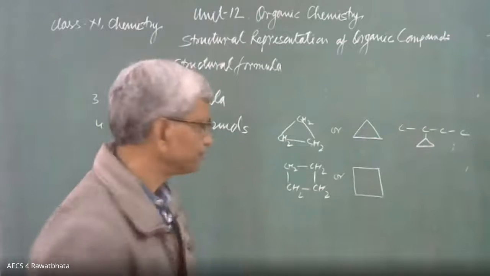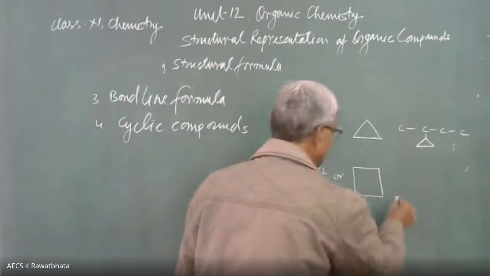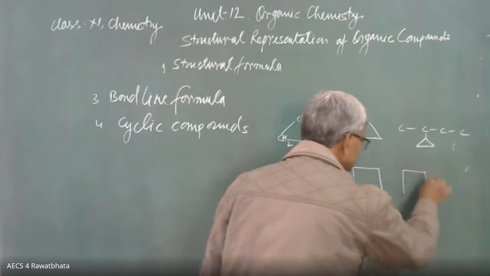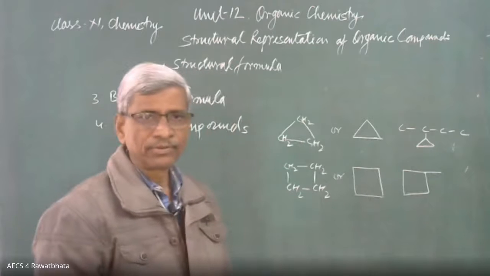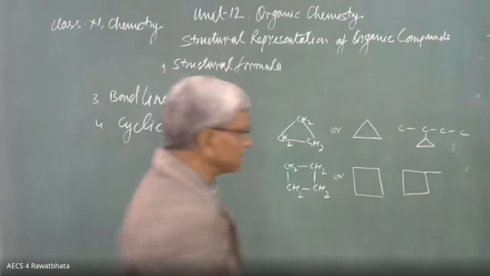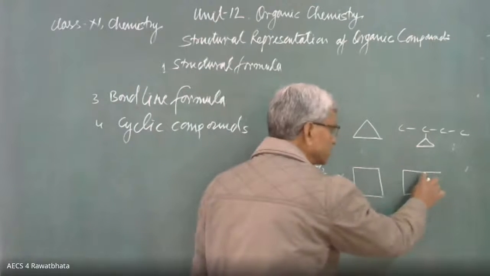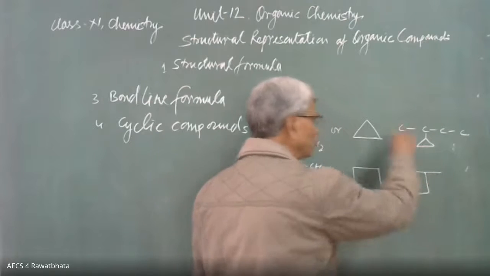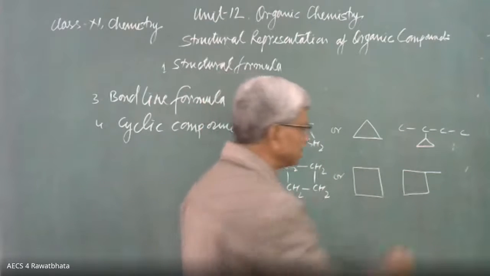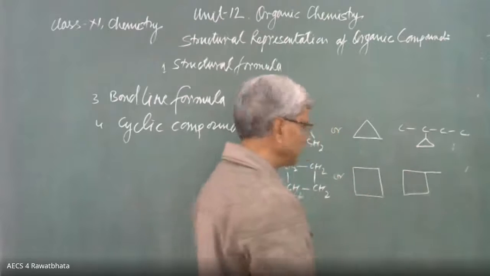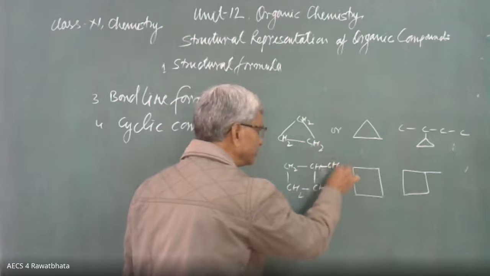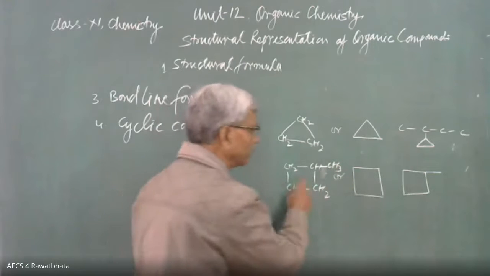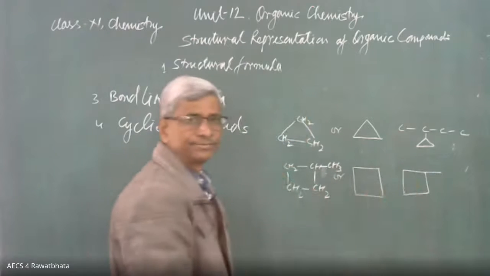If it is connected with this, what is the meaning of this? 1 CH3 attached to this carbon of this cyclobutane. This is representing CH3. Here is CH3. Then its bond line formula is like this.